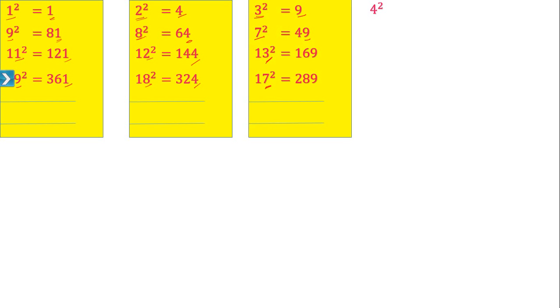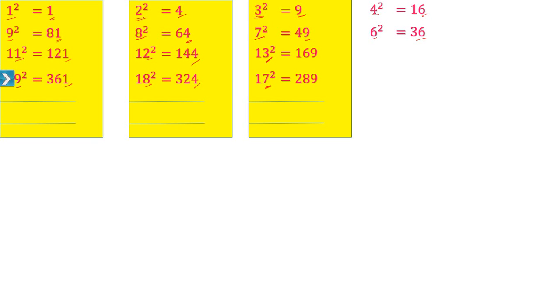Now see the next set of examples. 4 square is equal to 16 and 6 square is equal to 36. See here, if we have 4 or 6 in the units place of a number, then its square, that is 16 and 36, ends with 6.